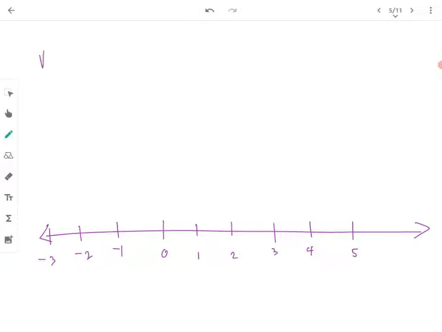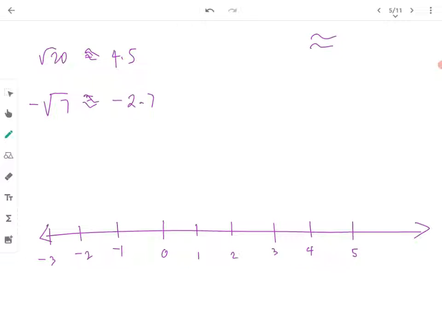So we have square root of 20, which is approximately 4.5. The symbol for approximately is a curved equal sign. So negative square root of 7 is approximately equal to negative 2.7.